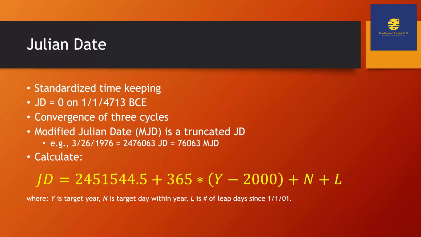If you were going to put in, so Y is the target year, N is the target day within that year, and then L is the number of leap days since January 1st, 2001. If you wanted to go backwards, back before 2000, then you would put in the year as negative and the leap days as negative in order to get the right number.